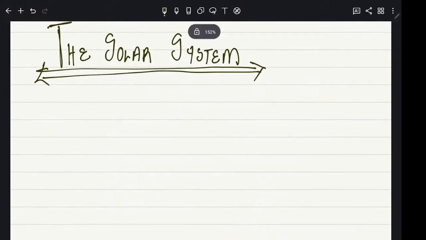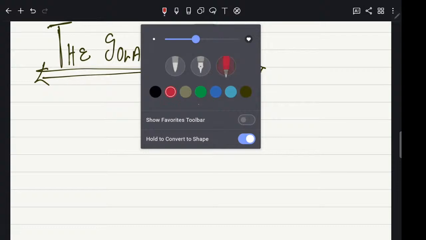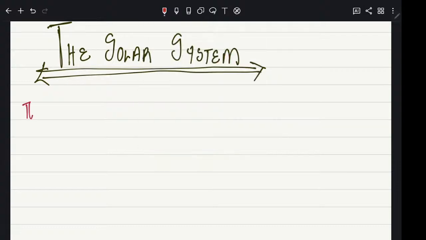We start with this idea of the solar system. The solar system is a system of these things. One, the sun.